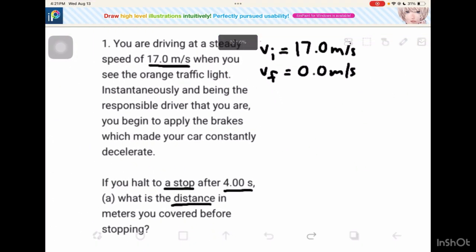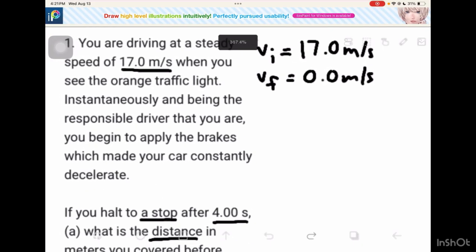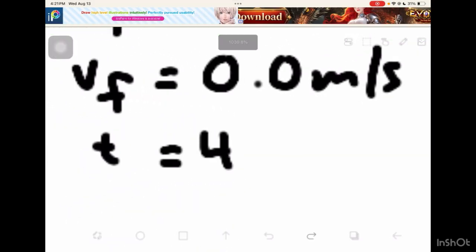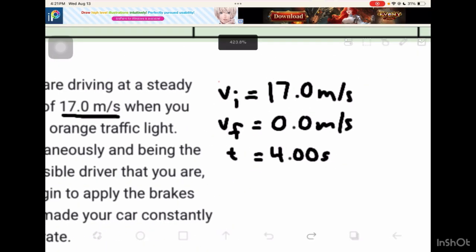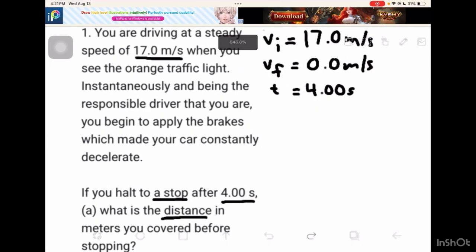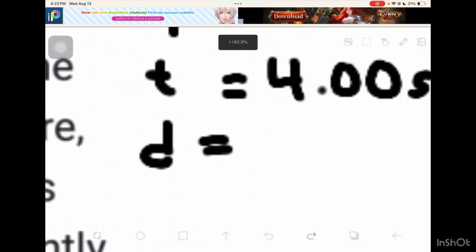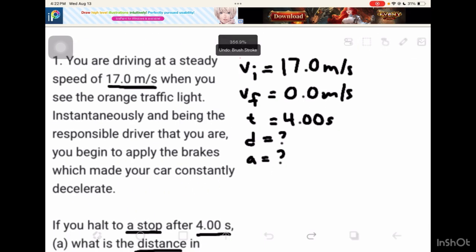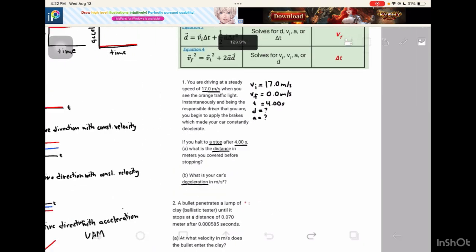Next, you know that you come to a stop after 4 seconds, which means that's your T, 4.00 seconds to be more precise. Next, you need to find the distance, which is unknown, as well as your acceleration, which is also unknown. Let's start off with letter A.